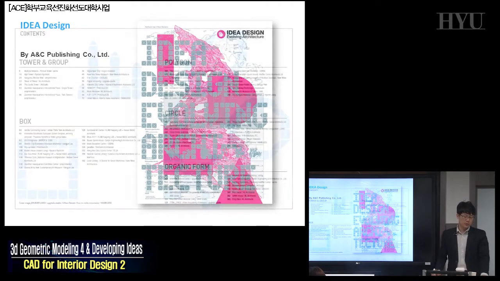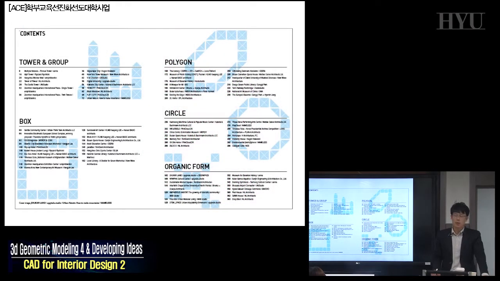This is the book cover and the categories the book provided: tower and group, box, polygon, circle, organic form. They are categories they defined in the book. We are actually in tower and group and box probably, and then move on to the rest of the categories.